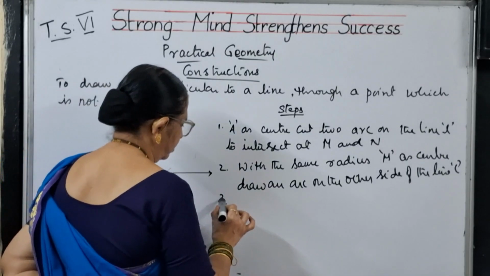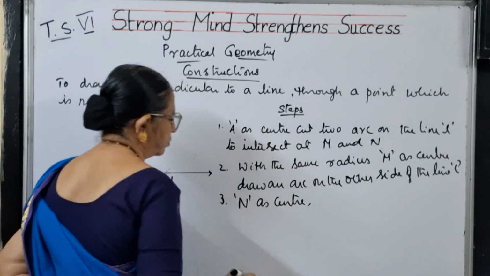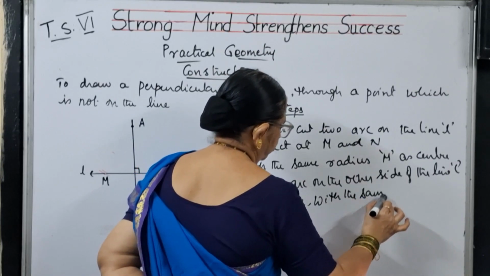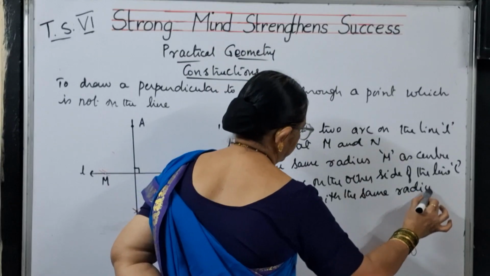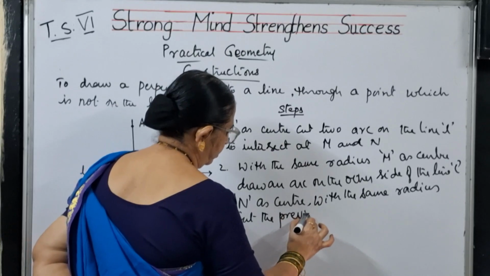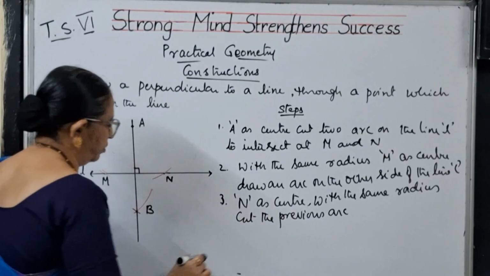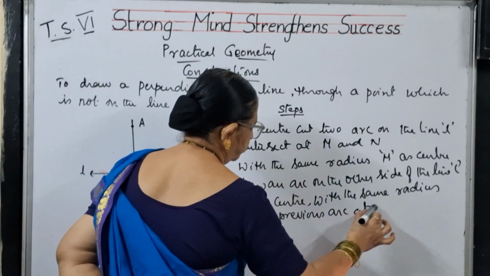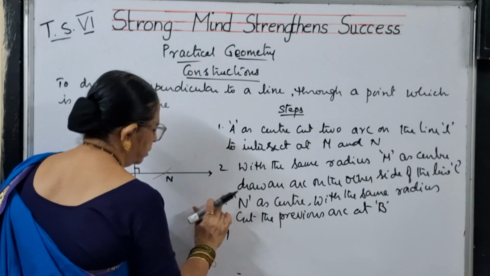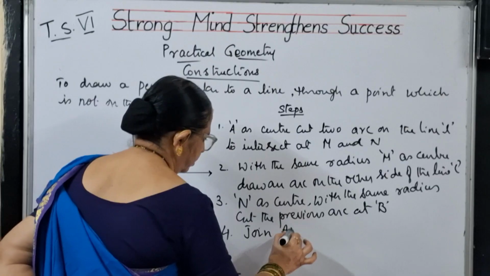And the third point, with N as center with the same radius, cut the previous arc at B. That point also you name as B. And the fourth point is join AB.